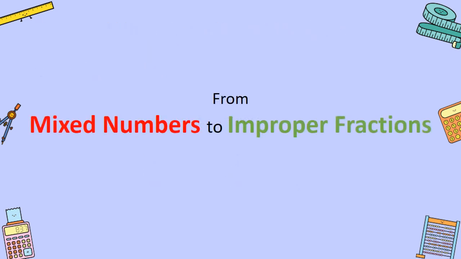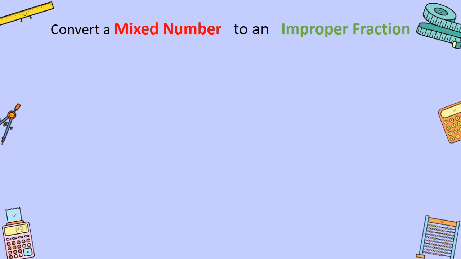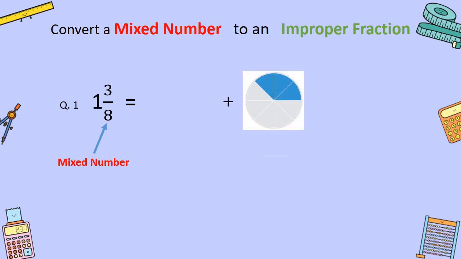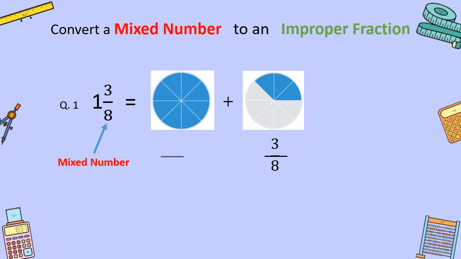With the first one, which is converting mixed numbers to improper fractions. In the first question, 1 3 by 8. We know 1 3 by 8 is a mixed number, and it is made of one fraction of 3 by 8 and another fraction of 1 full, which is 8 by 8 here, and 8 by 8 is the same as 1.